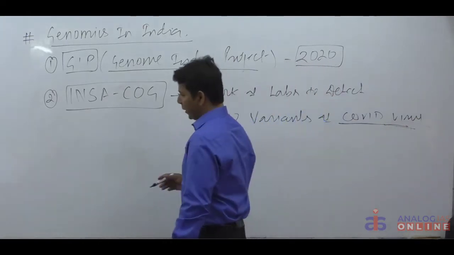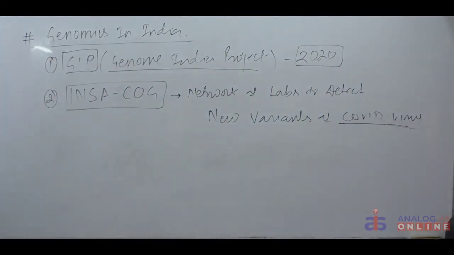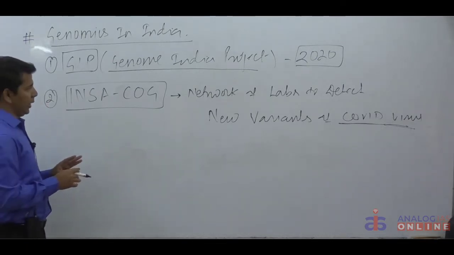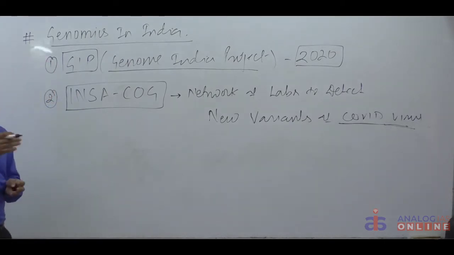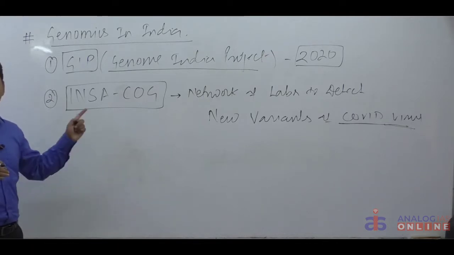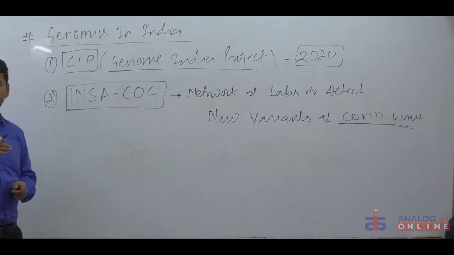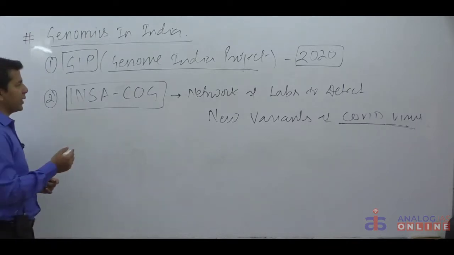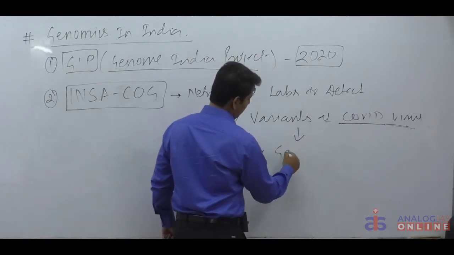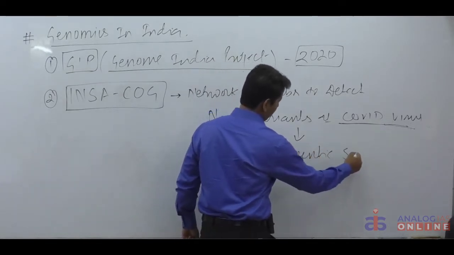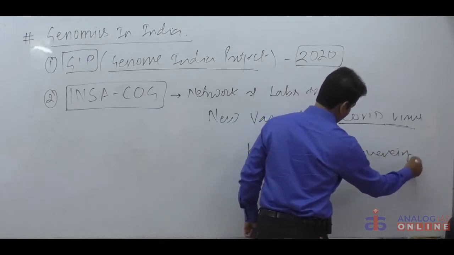Now both private and public labs are included in this network, and whenever we collect samples anywhere, at the test centers, about 10% of the collected samples are sent to the INSACOG network. Every state has it. And then they find out which kind of genetic variation is present, because we can recognize new variants of the COVID virus by genetic sequencing, right?